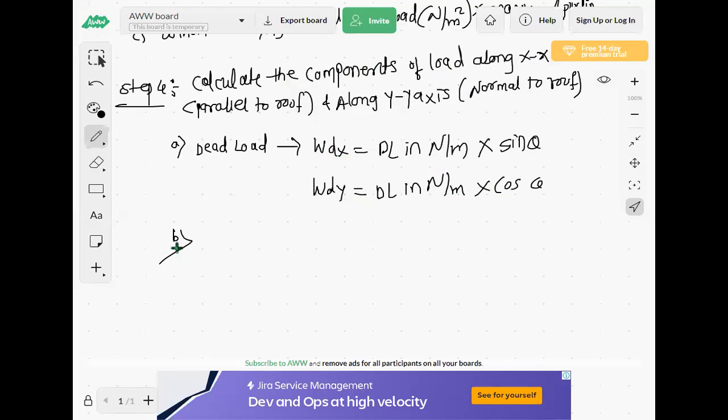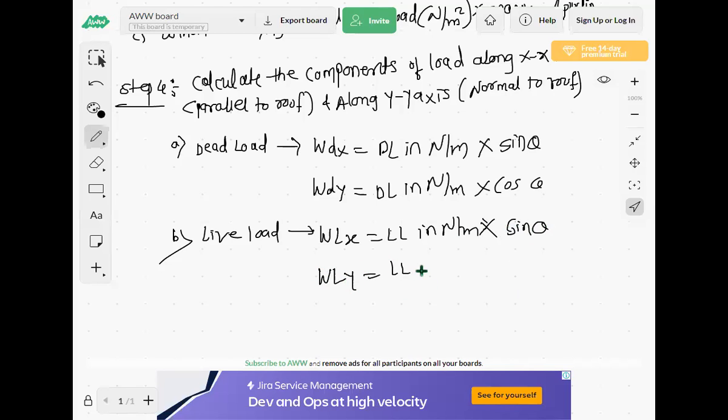Similarly, live load, again here WLX, LL in Newton per meter into sine of theta. WLY is equal to LL in Newton per meter into cos of theta.